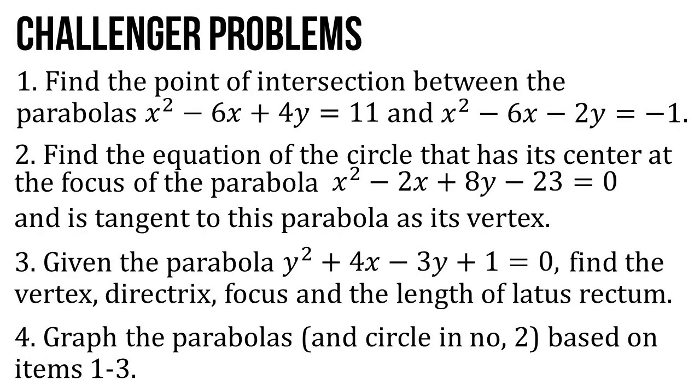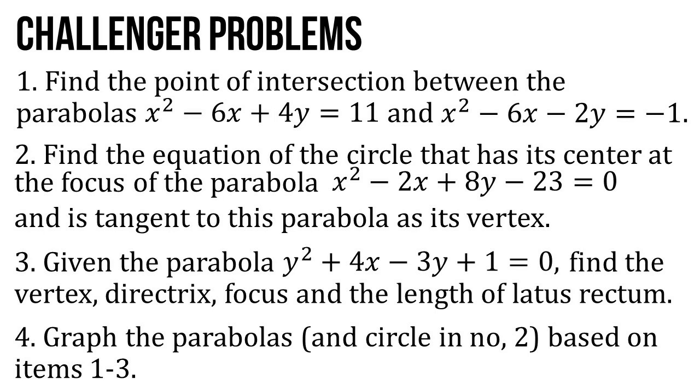For some challenger problems, number 1, find the point of intersection between the parabolas x squared minus 6x plus 4y equals 11 and x squared minus 6x minus 2y equals negative 1. Number 2, find the equation of the circle that has its center at the focus of the parabola x squared minus 2x plus 8y minus 23 equals 0 and is tangent to this parabola at its vertex.